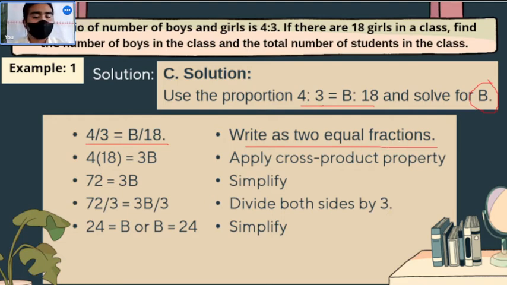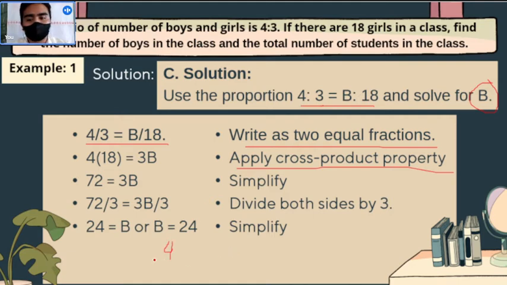After we put it in fraction form, we could now apply the cross product property, just like what we did a while ago, isn't it? So, once we apply the cross product property, we could now see the values. What are the given fractions when we apply the cross product?